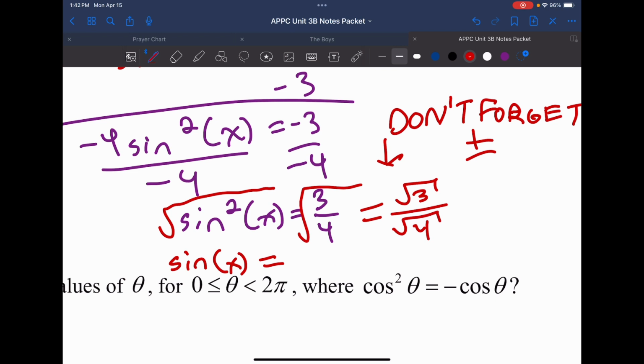When I take the square root of that, I get plus or minus. The square root of 3 does not simplify on top, and the square root of 4 is 2. So I'm looking for all the places where sine of x is equal to either positive square root of 3 over 2, or negative square root of 3 over 2.